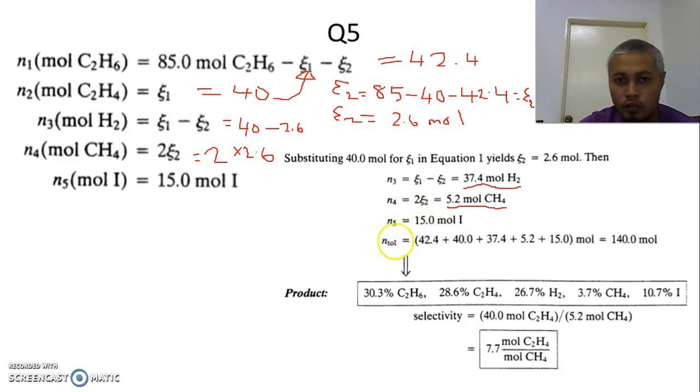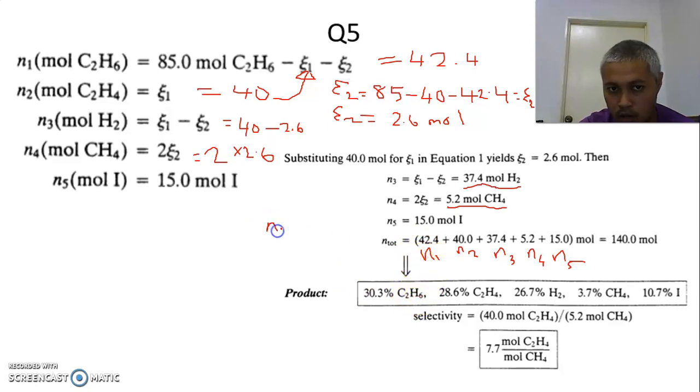And then we need to find N total. That's why we have N1, the value of N1, this is the value of N2, the value of N3, N4, and N5. The total value will become 140. So to find the composition for each component, it is as simple as taking this value, for example for C2H6, the value of N1.